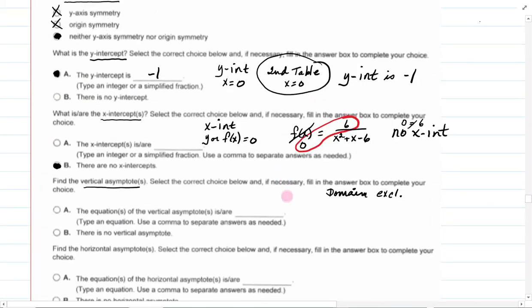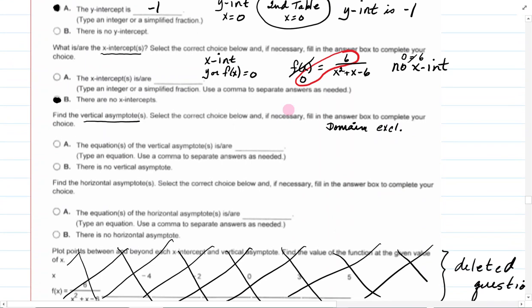Well, the denominator here was x squared plus x minus 6. Set the denominator equal to 0. Factor, equal to 0. That's going to be x plus 3 and x minus 2. That means x equals -3 is a domain exclusion. x equals +2 is a domain exclusion.